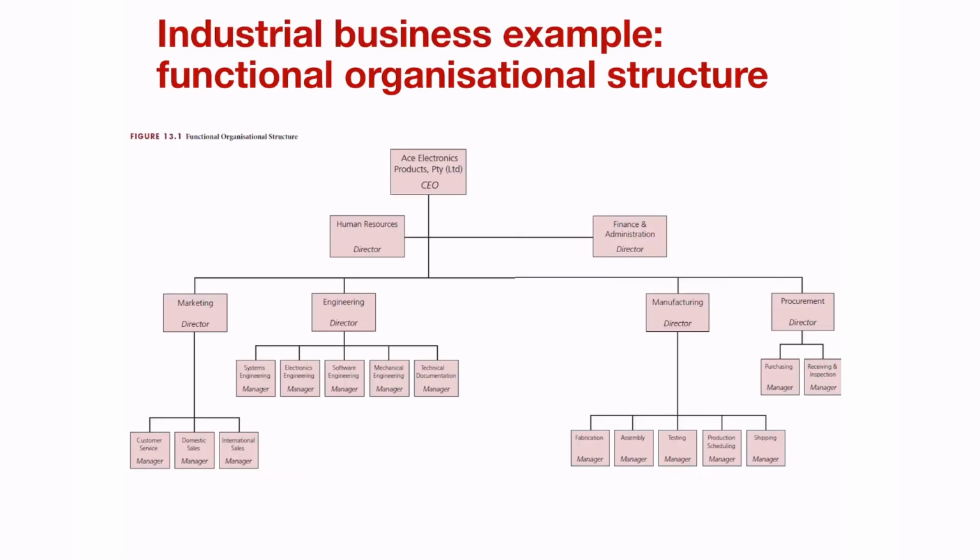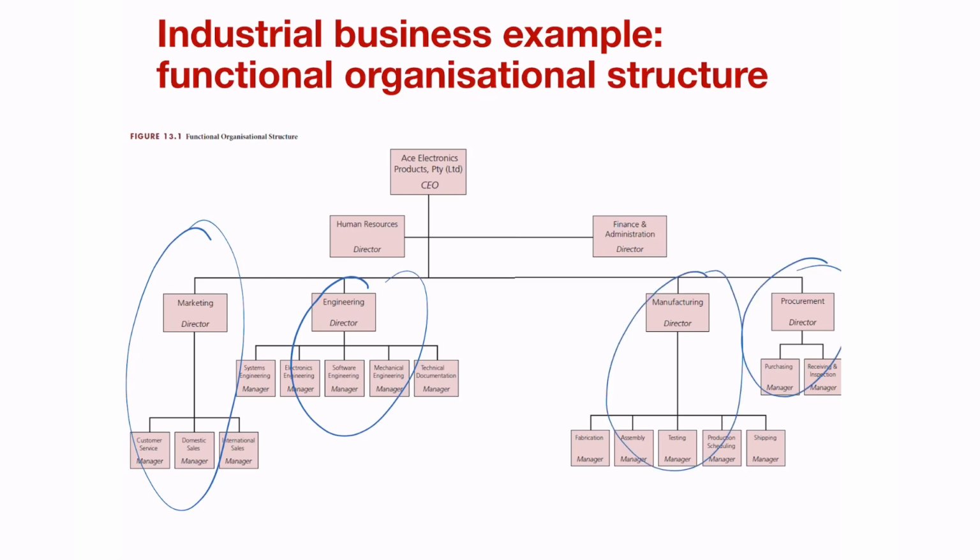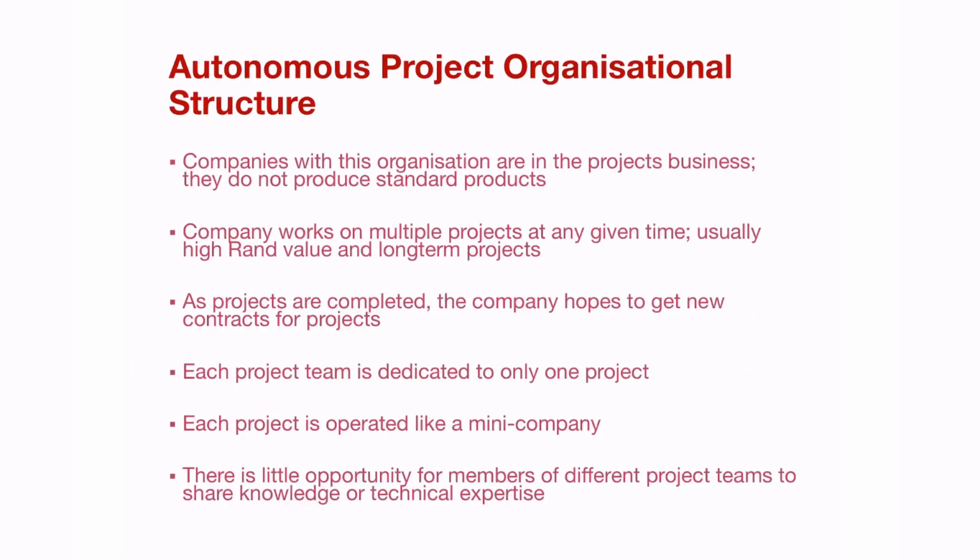So this would be an example of a functional organizational structure in which you have the marketing team, the engineering team, the manufacturing team, and the procurement team, and they all have the same function, and they all work together in their own departments.